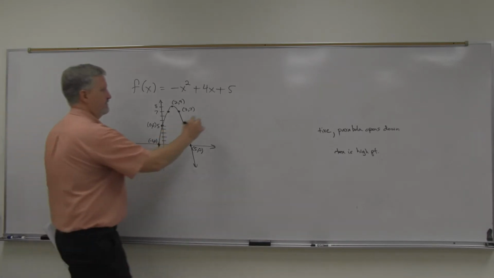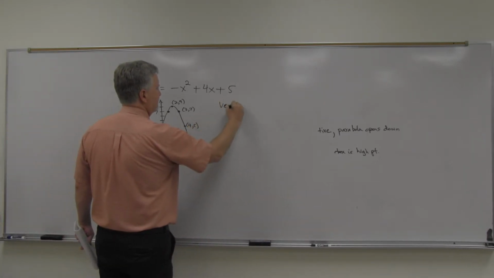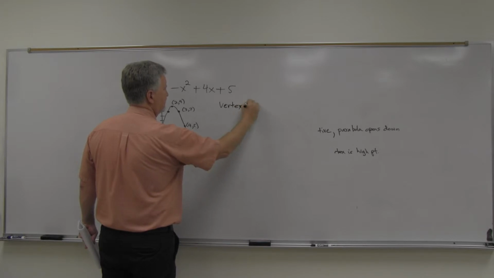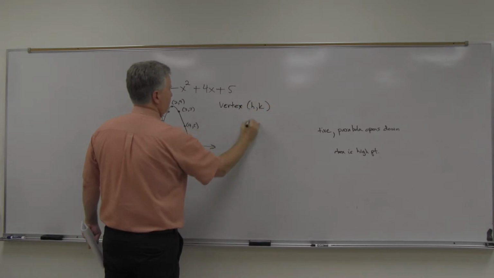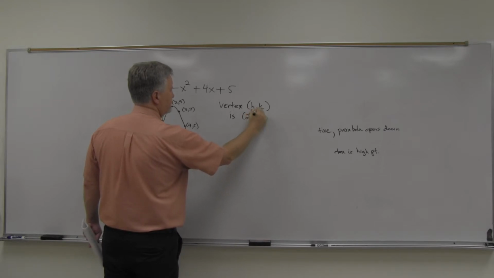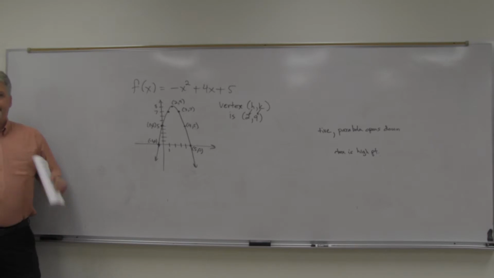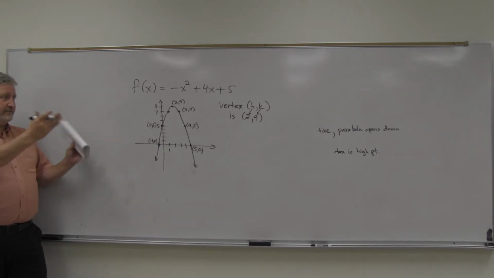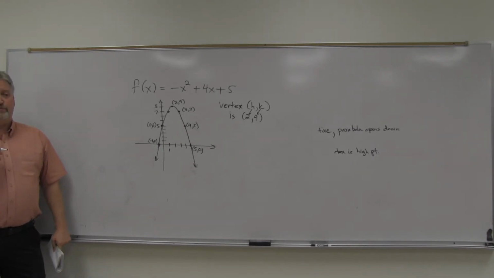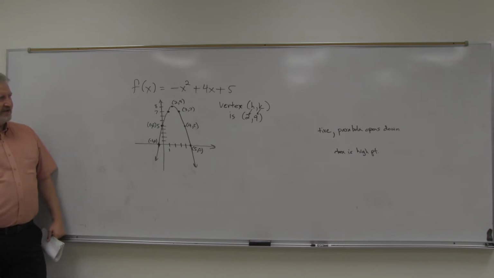What's the H, K? 2, 9, right? So the H is 2, the K is 9. Well, yeah, we kind of found it by me giving you those points, but what we'll have to do is find those without maybe having those points or this graph displayed.